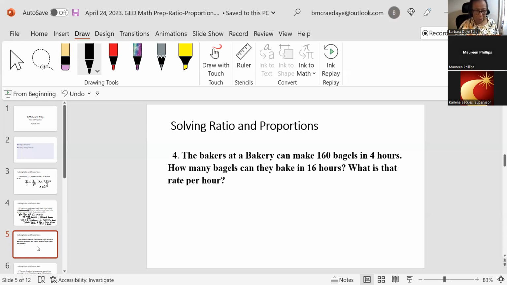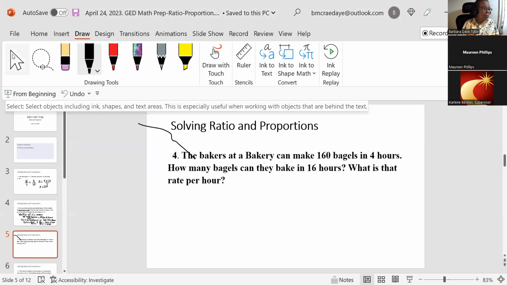Okay, so let me just write. You got 160 over 4. 4 is the hours, right? And then I got n over 16.